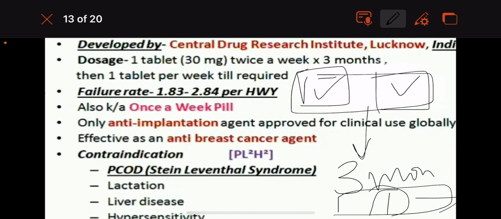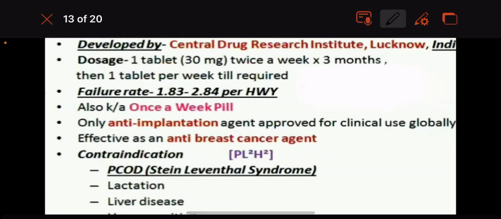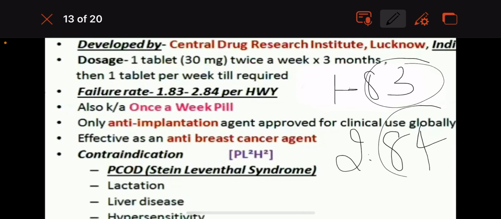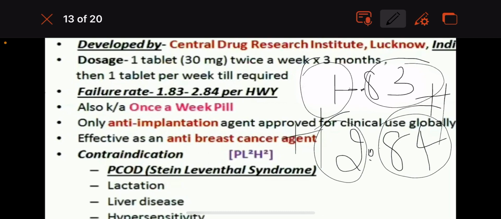Failure rate is 1.83 to 2.84 per 100 women years. Okay, per 100 women year, what is the failure rate? It is 1.83 to 2.84, plus 1 here also are the failure rates per 100 women year.